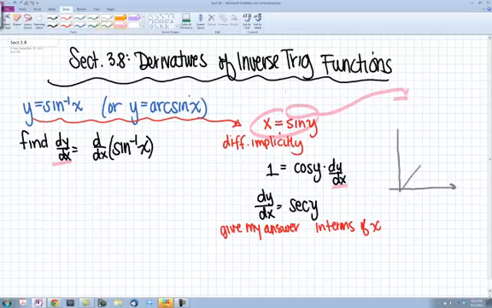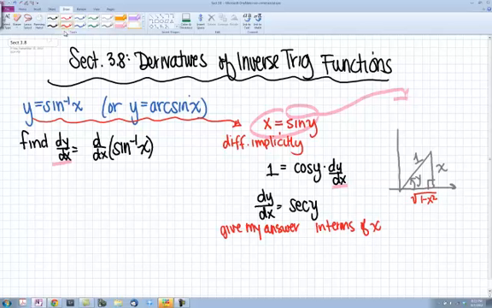That means that we have some angle y whose sine value is x, or x over 1, because sine represents opposite over hypotenuse. The opposite side is x, the hypotenuse is 1, so you can determine the missing side by using the Pythagorean theorem, so in this case the square root of 1 minus x squared.